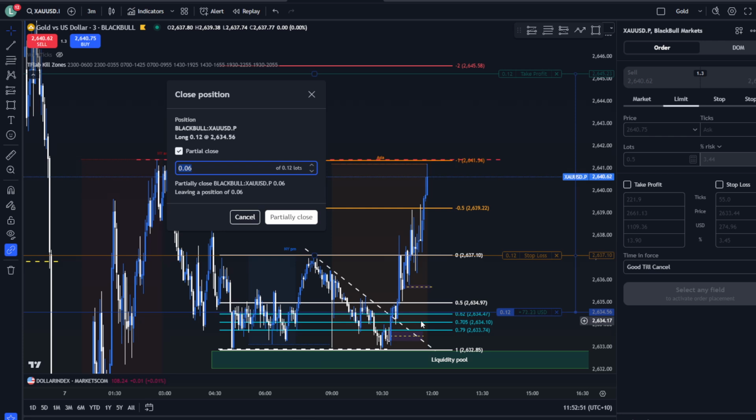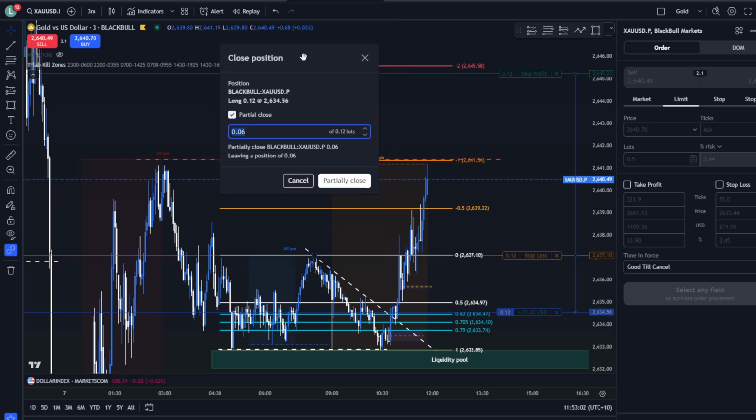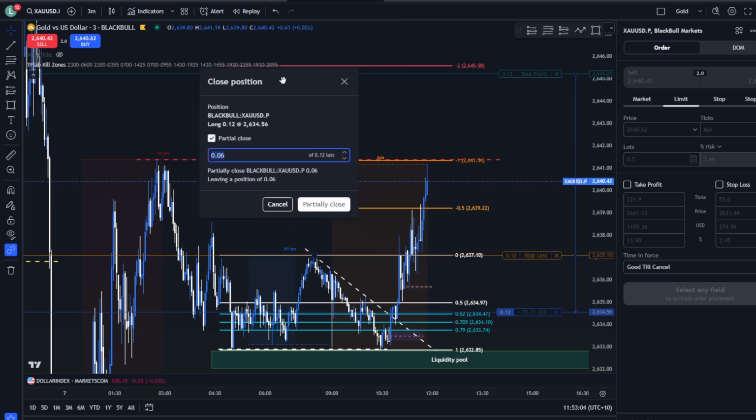I wait for it to hit my level. If it hits my stop loss, no worries. But I want to see those levels hit. There's nothing special, nothing magic about the levels in themselves.